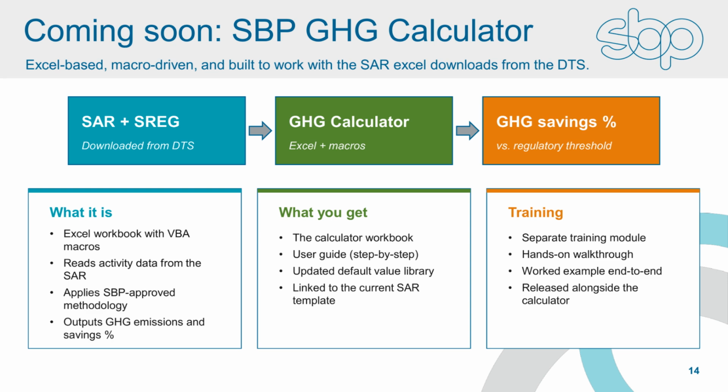So the disaggregated defaults you saw earlier in this module will be built into the tool. It's designed to work with the current SAR template, so the link between the audit report and the calculation is preserved. There will also be a separate training module dedicated to the calculator with a worked example end-to-end.